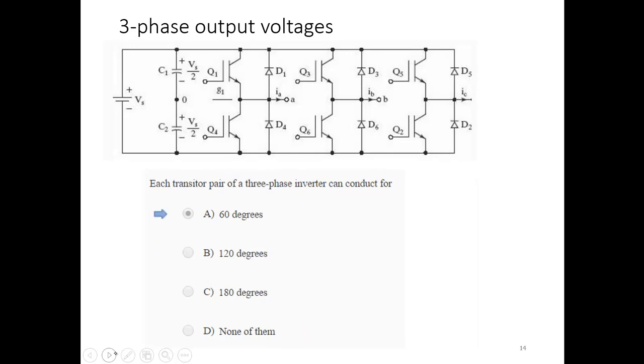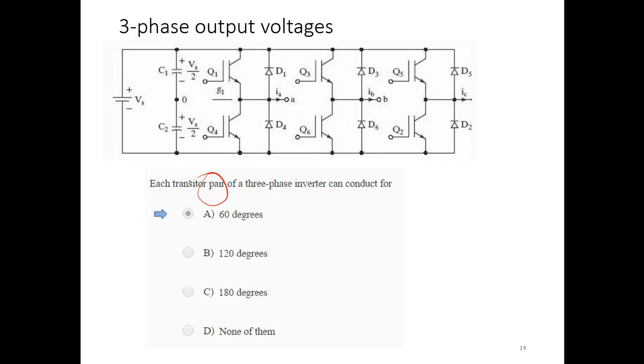For the three-phase output voltage, each transistor conducts for how many degrees? There are 6 of them, so 6 pairs.